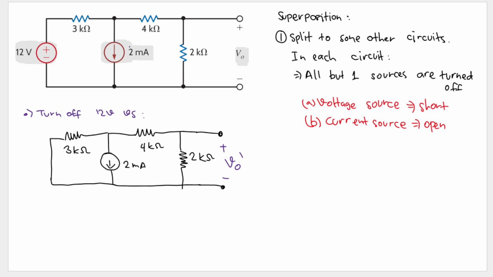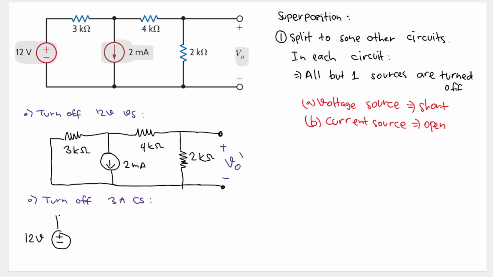Now let's take turns. We turn off this 2 milliampere current source. So we replace this by an open circuit. And let's draw the circuit here. So we will have that 12-volt voltage source.